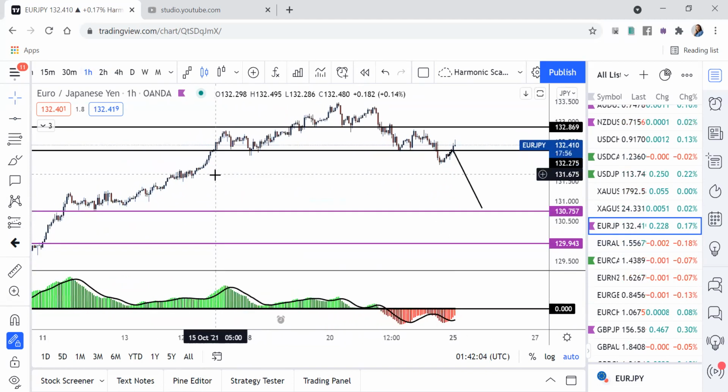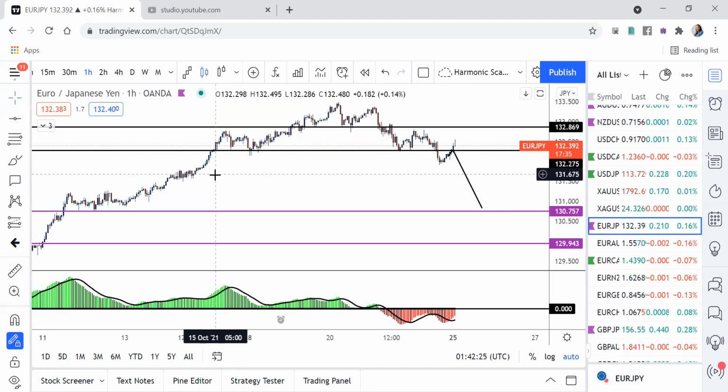Now, what I did realize with these JPYs was that with some of them, the 1-hour low was not broken. Some of them I had to drop down to the 30-minute time frame.